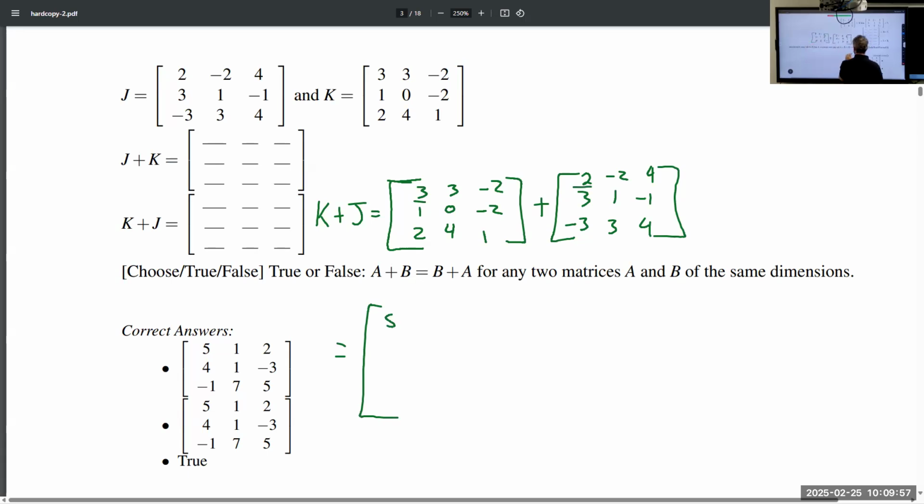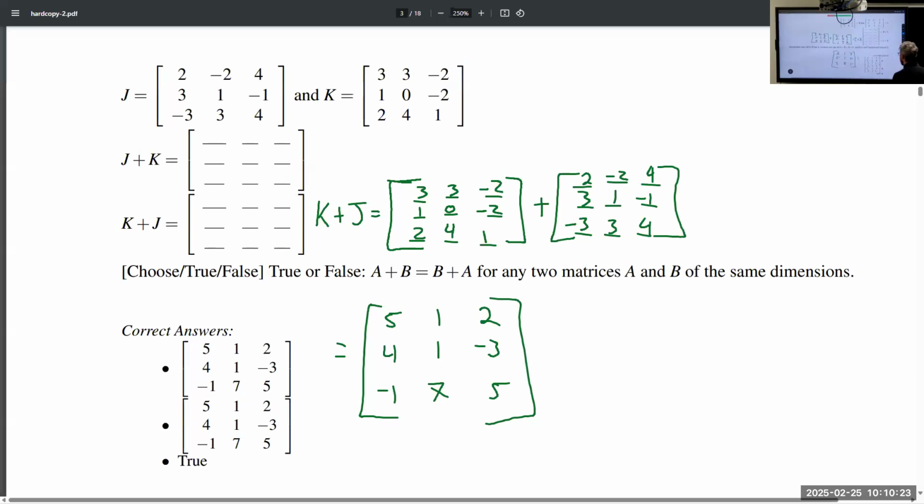Three and 2 gives me 5. 3 and -2 gives me 1. -2 and 4 gives me 2. 1 and 3 gives me 4, 0 and 1, 1, -2, -1, -3, 2 and -3 is -1, 4 and 3 is 7, 1 and 4 is 5.